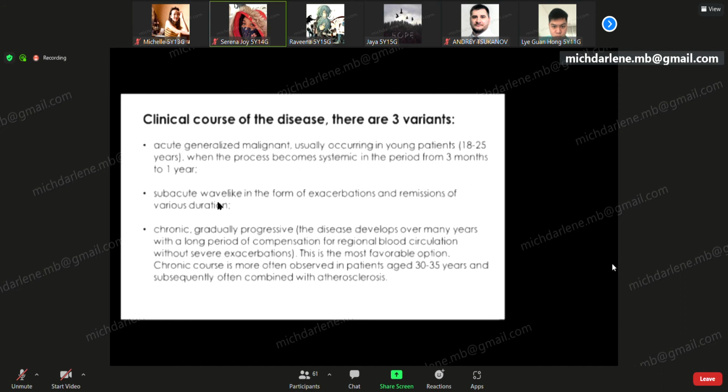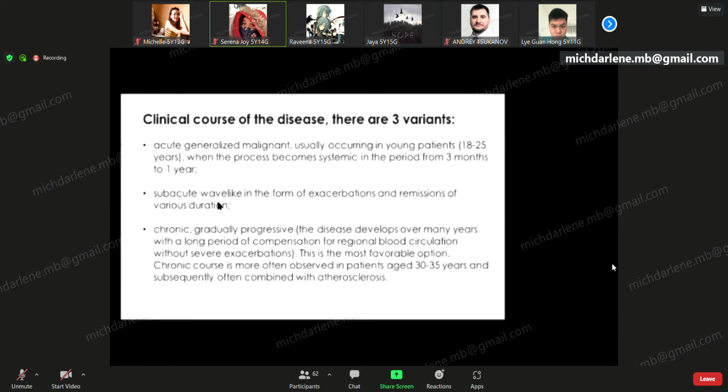The subacute variant has exacerbations and remissions of various duration. The chronic form is a gradually progressive disease that develops over many years with a long period of compensation of regional blood circulation without severe exacerbations.